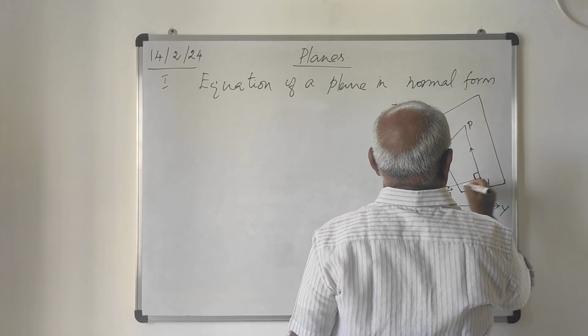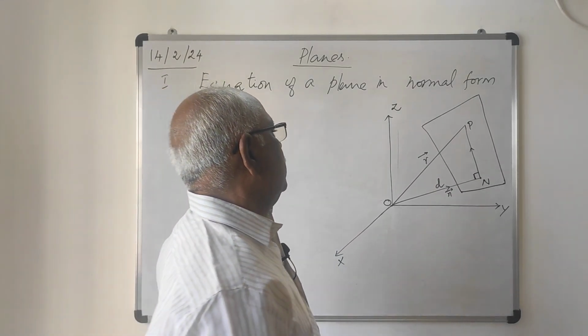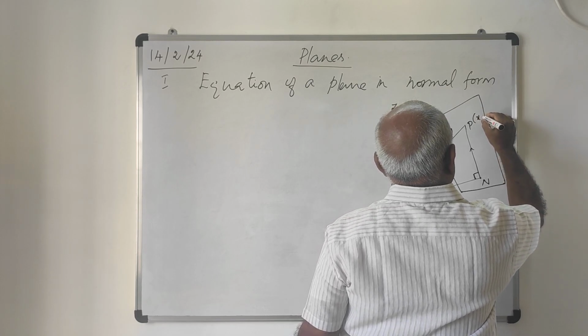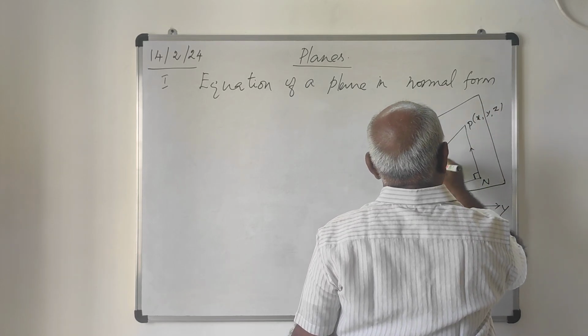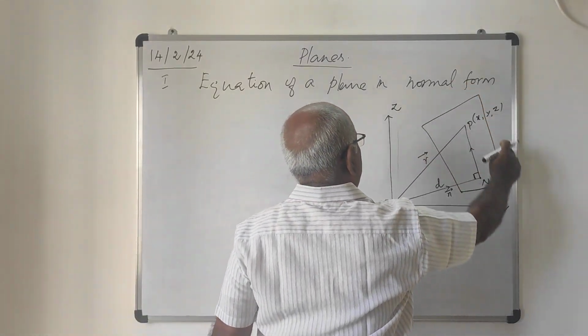NP is perpendicular to the normal line ON, and P is any point in the plane whose coordinates are x, y, z. OP vector is R vector, and this is the plane represented.